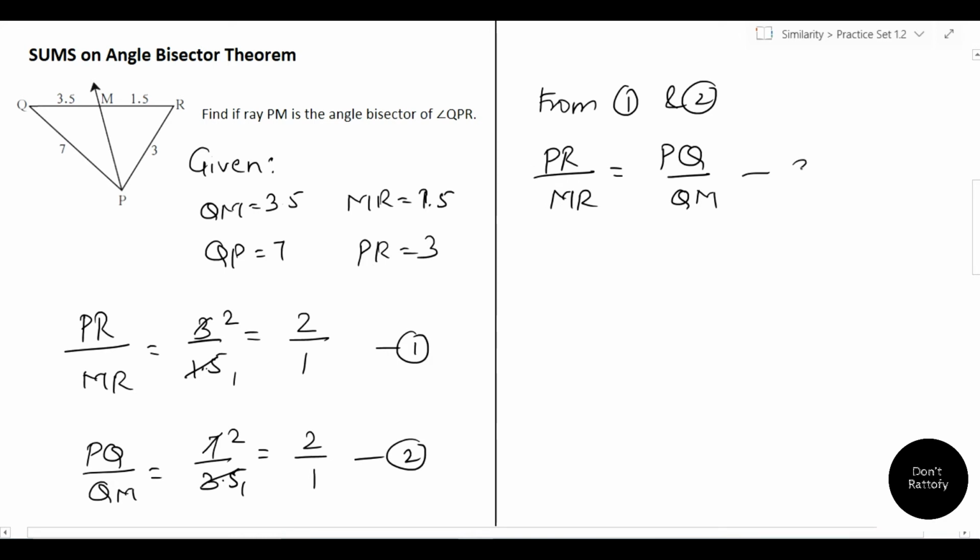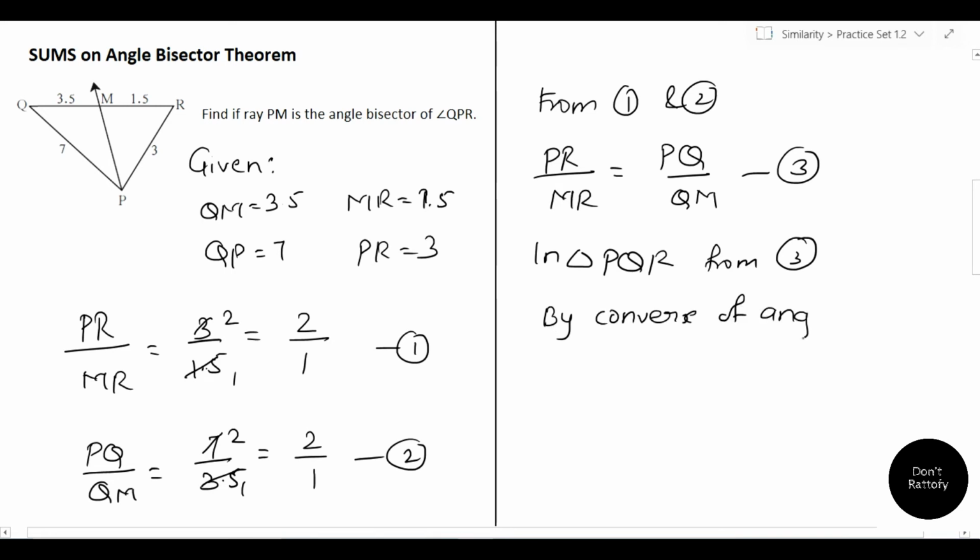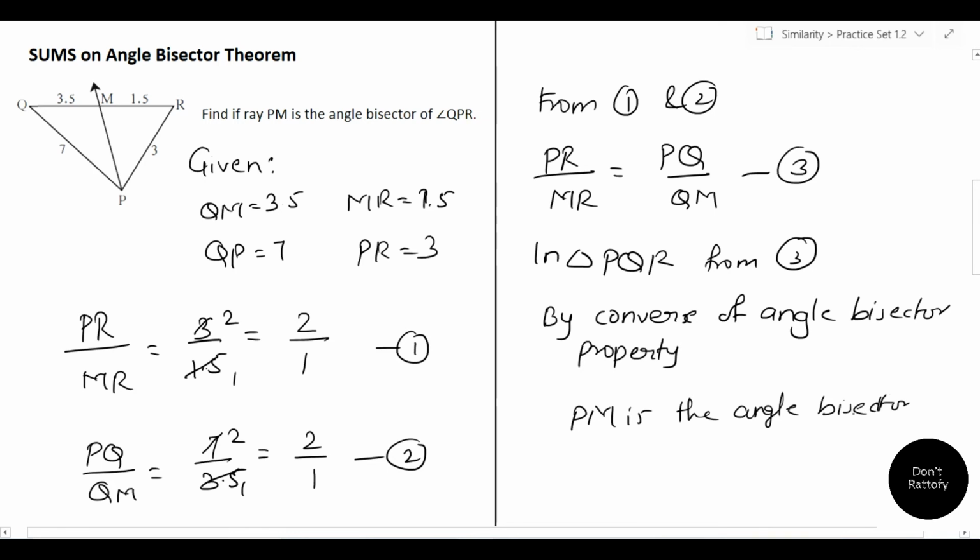If this is true, that is, the third part is true, then in triangle PQR, from equation 3, I can say that by converse of angle bisector property, PM is the angle bisector of angle QPR.